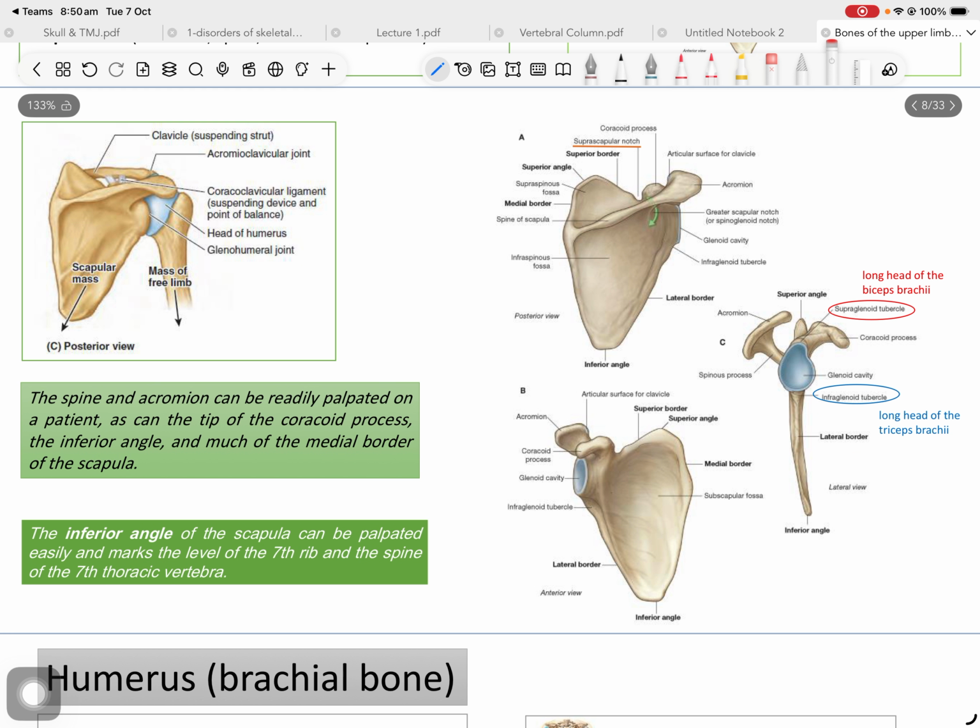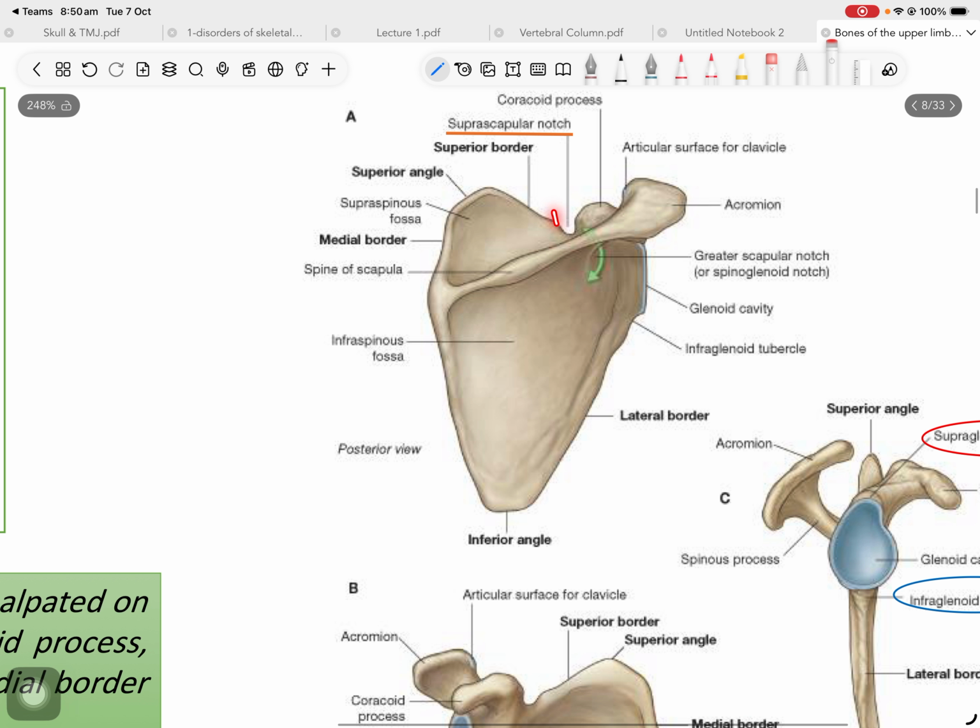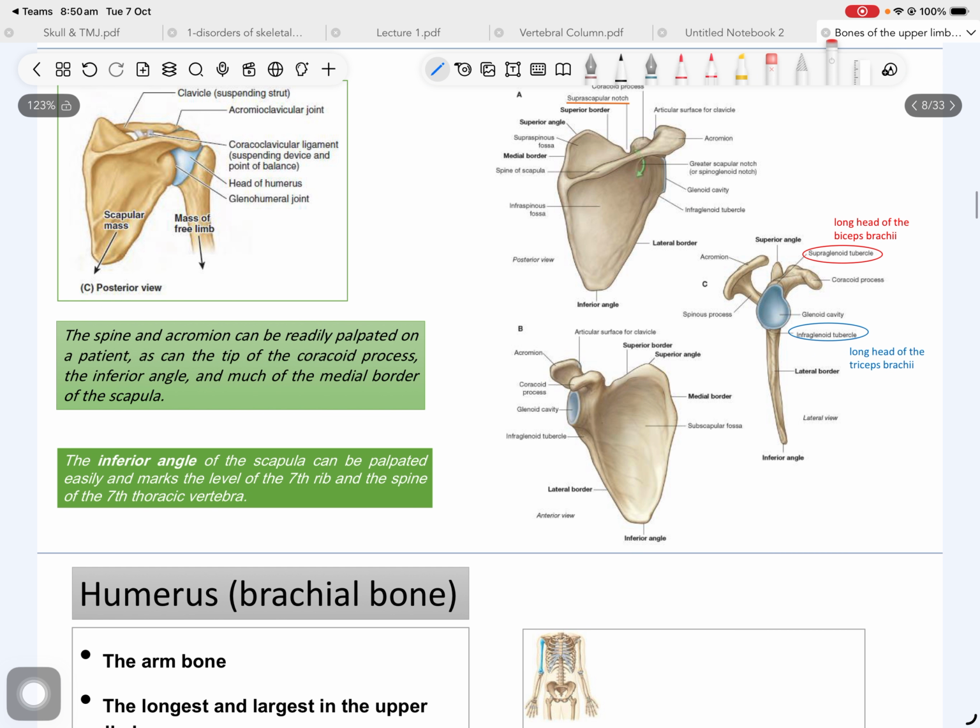Here, we said this is the superior border. When you move along the superior border, you realize that there is a notch. Okay? That is a fossa here. This we call the suprascapular notch. On the top of this notch comes a ligament.